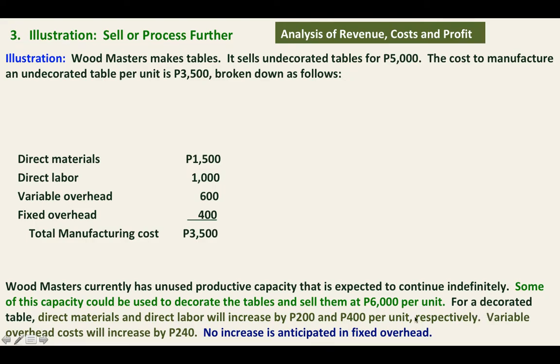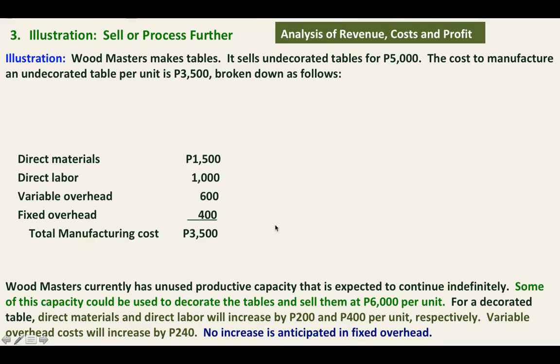For a decorated table, direct materials and direct labor will increase by 200 and 400 per unit respectively. Variable overhead cost will increase by 240. No increase is anticipated in fixed overhead.